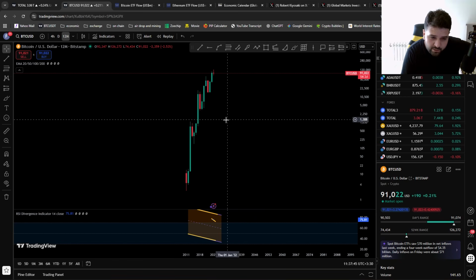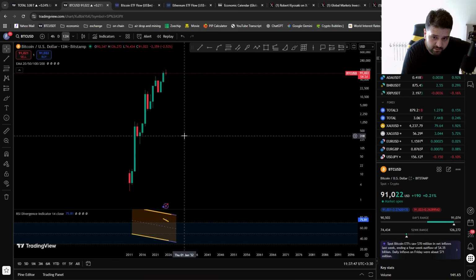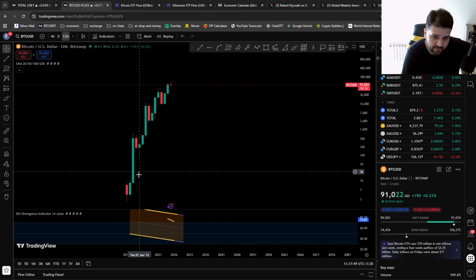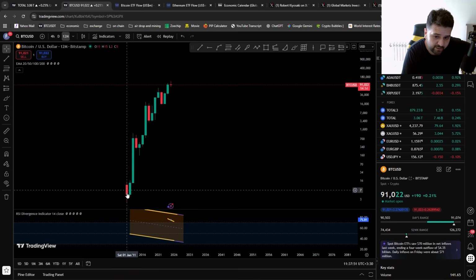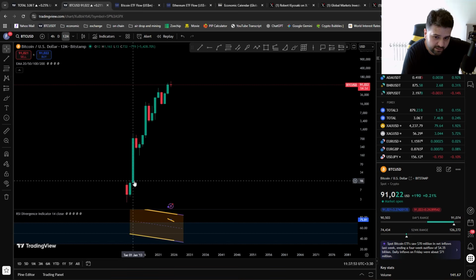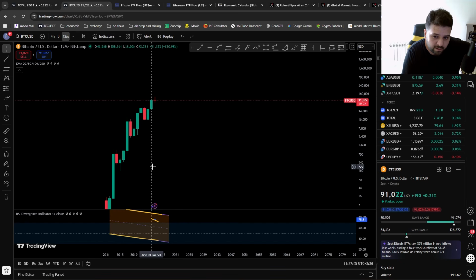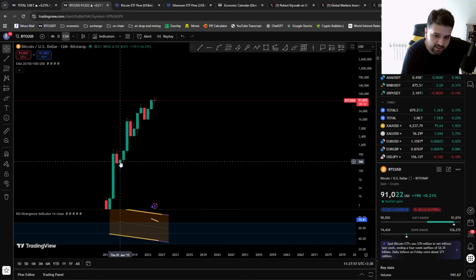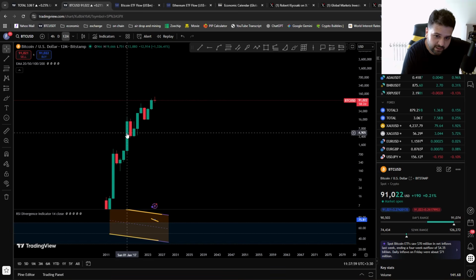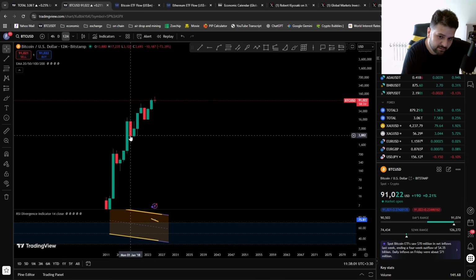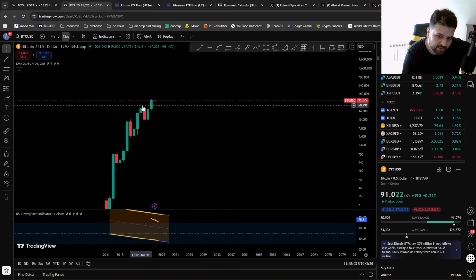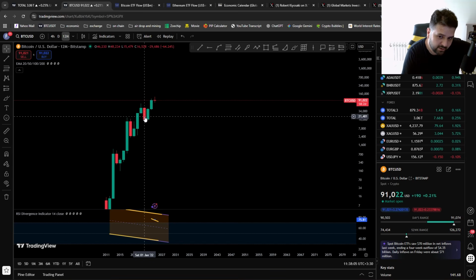If you look at the Bitcoin chart and the previous halvings, the first halving doesn't matter. From the second one, we had a 3 years bull market and 1 year bear market. 3 years bull market, 1 year bear market.